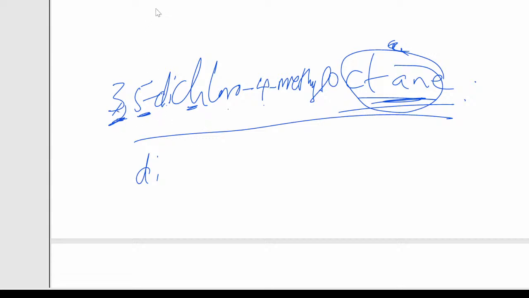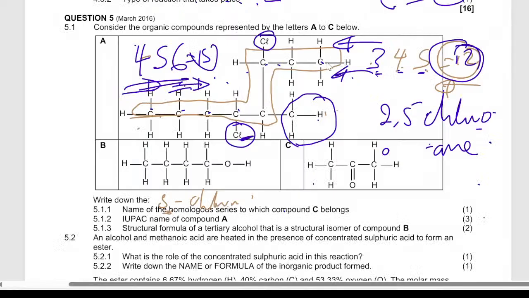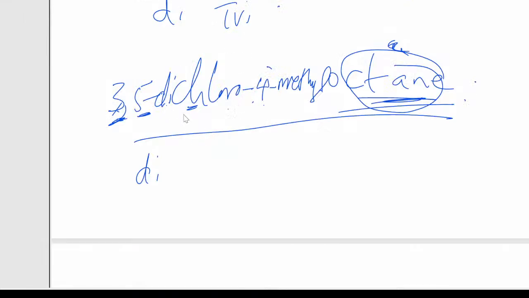But because there are 2, I say it's di. If there are 3, then I will say tri. So there are 2, therefore di, dichloro. Then where is the methyl? It's 1, 2, 3, 4, on carbon atom number 4. That's why I said here, dash 4-methyl octane.